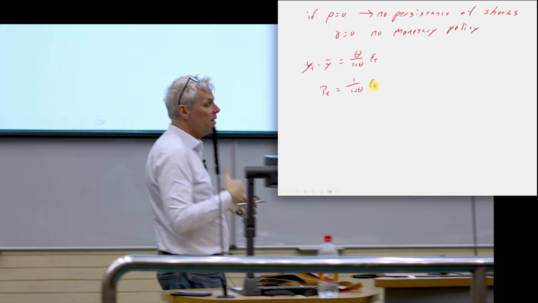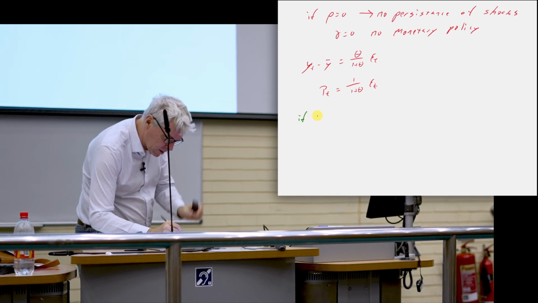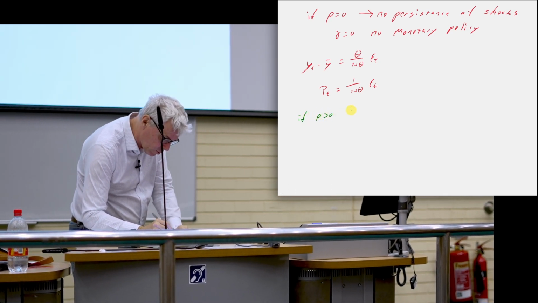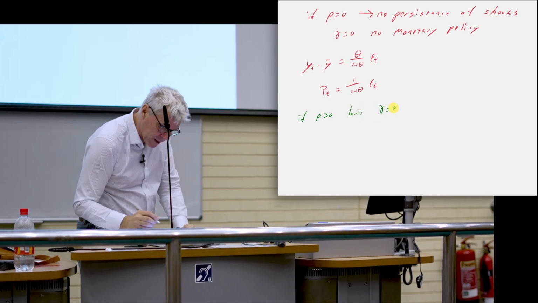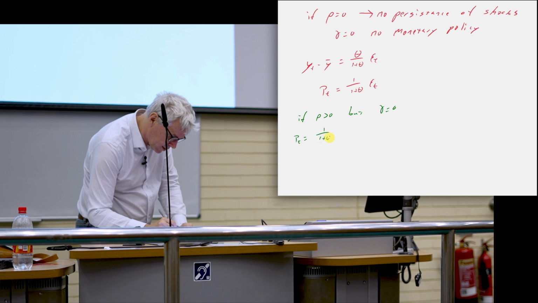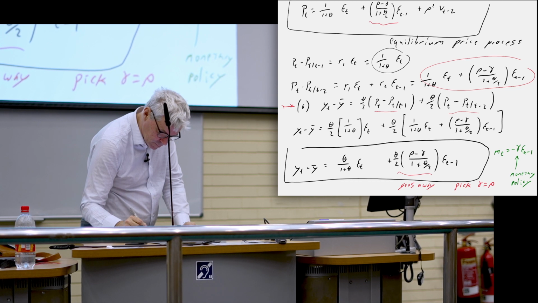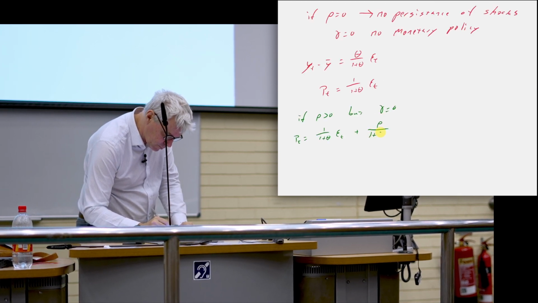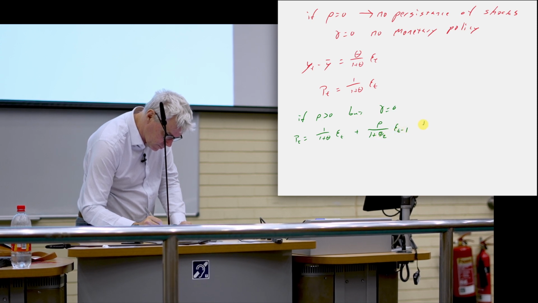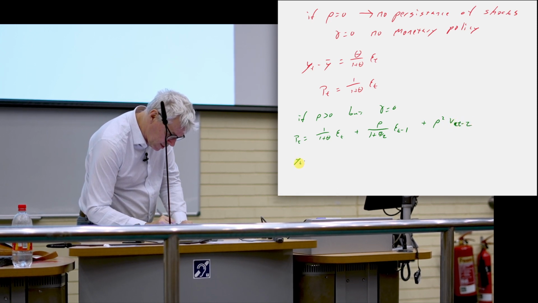But what we actually have is rho. So if we did the same thing, if rho is greater than 0, but gamma equals 0, so we have no monetary policy, we get pt is equal to 1 over 1 plus theta Et plus rho over, let me get this right, over, and yt minus y bar is equal to.